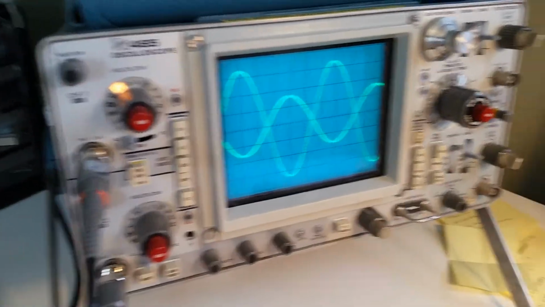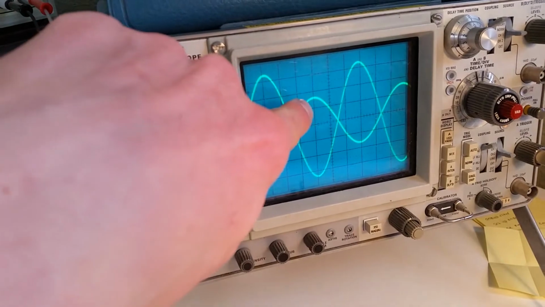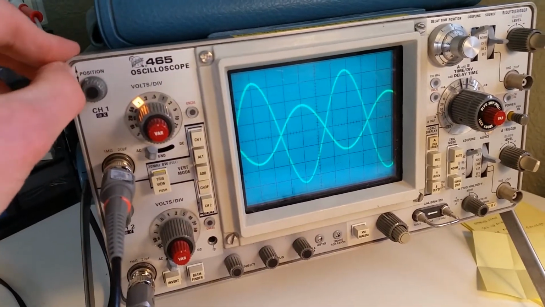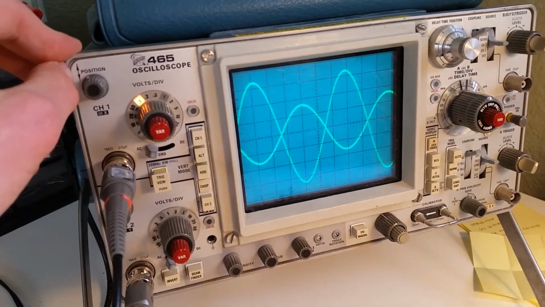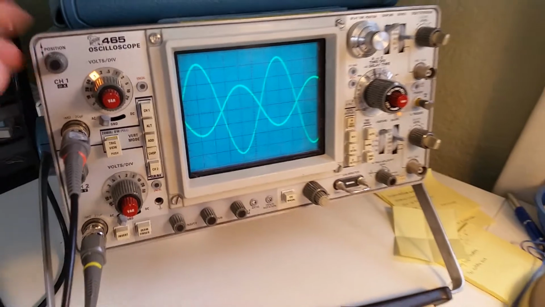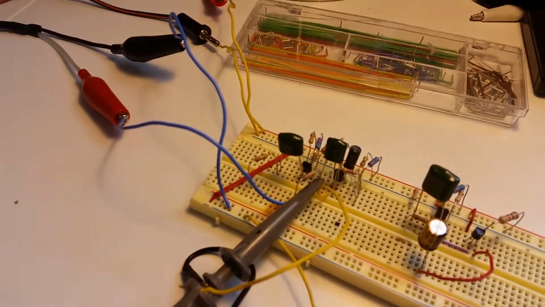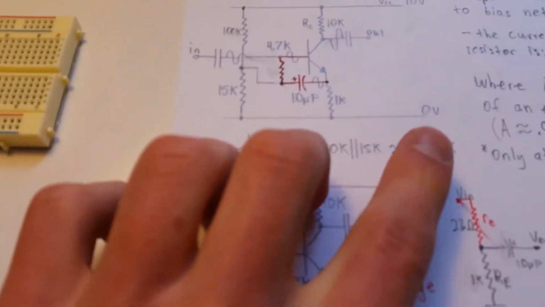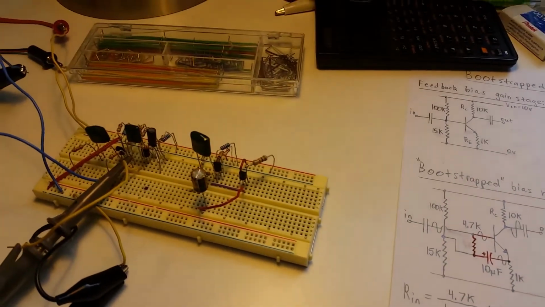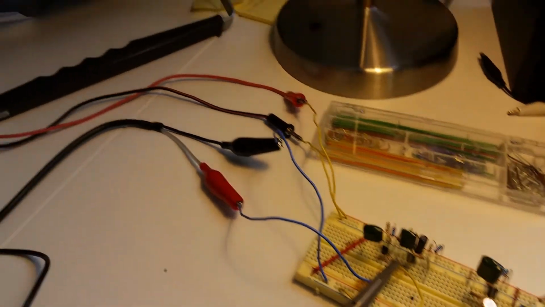You will see that the input is larger now, and so is this corresponding output, of course. So there's not near as much loading going on, because 10k is not near significant at this 170k input impedance as it would be at 11k. At 11k, I mean, you're probably dropping like half your signal.